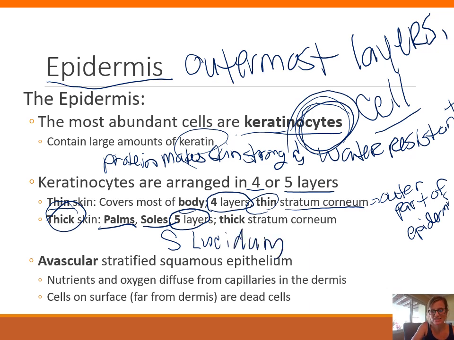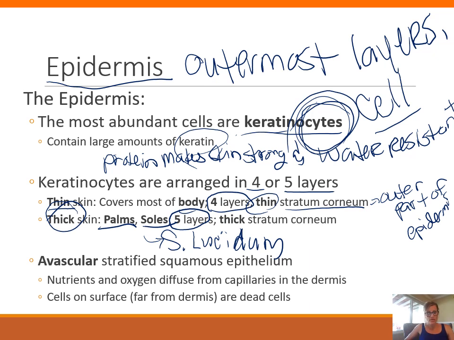I'm just writing S for stratum. Stratum just means layer, so all of the layers are going to start with stratum. So stratum basale, stratum spinosum, stratum granulosum. Stratum just means layer. So the extra layer that's present in thick skin is called the stratum lucidum.